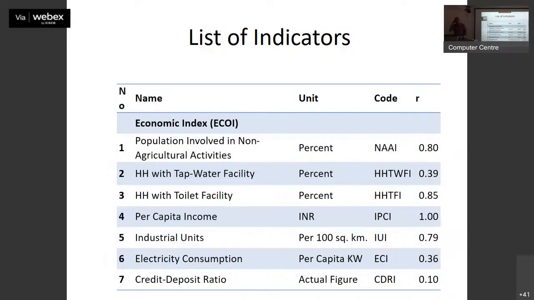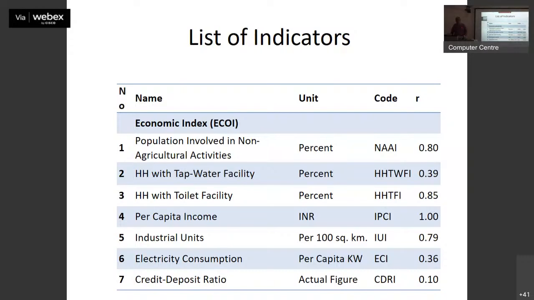Now this is economic development. Population involved in non-agricultural activities, an indication of whether opportunities are available outside agriculture or not. Households with tap water facilities: having tap water means you have tap water, but whether the household is able to use it or not reflects the economic level.